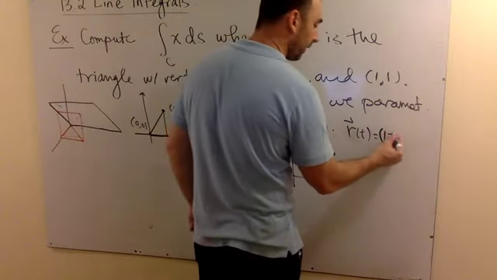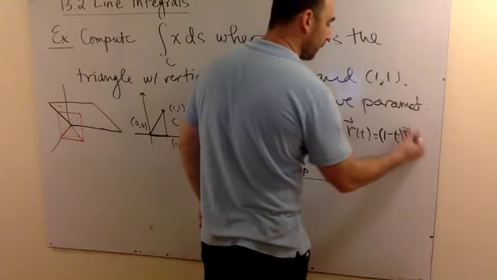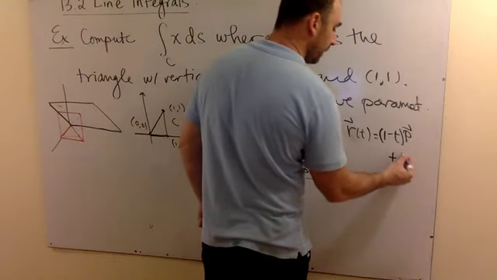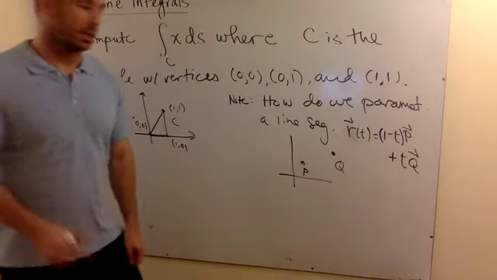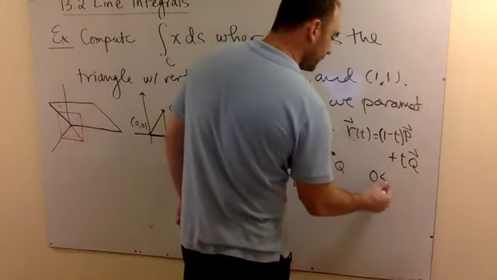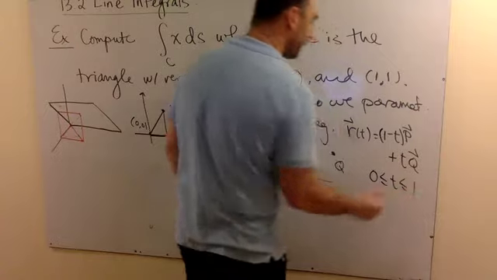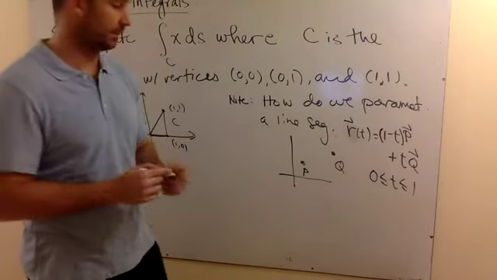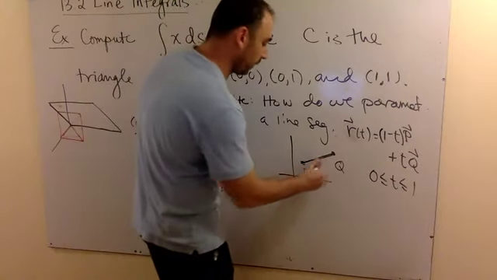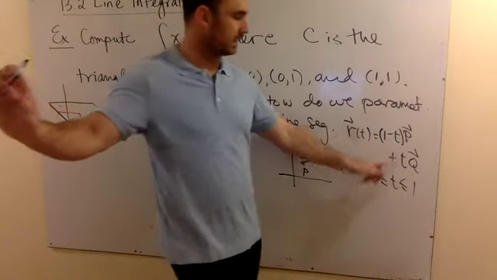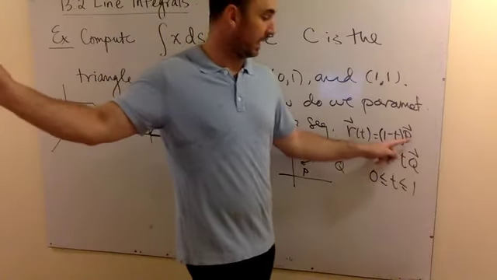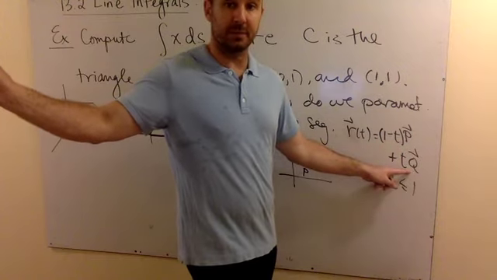And I'll tell you how I think about it. Make a vector out of P, and make a vector out of Q. Then you put T in there, and you let T go from 0 to 1. The idea here is this is going to parameterize that little line segment. It starts here at P and ends at Q. Why? When T is 0, I get out P and Q disappears.